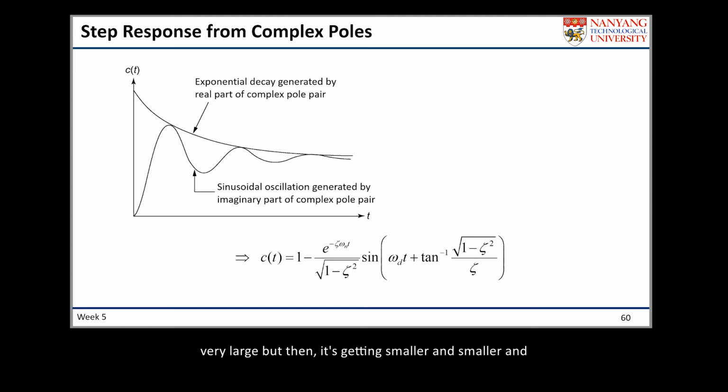At the beginning, the oscillation is very large, but then it's getting smaller and smaller. And the decay of the amplitude happens at an exponential rate. The oscillation that you see here is because of the imaginary part in your poles. So this is just one quick look at the typical step response of an underdamped second order system.